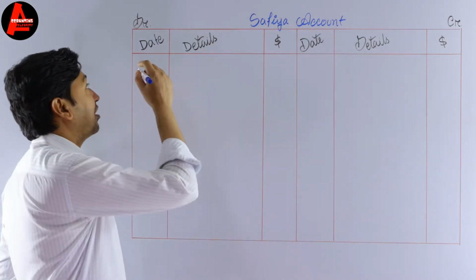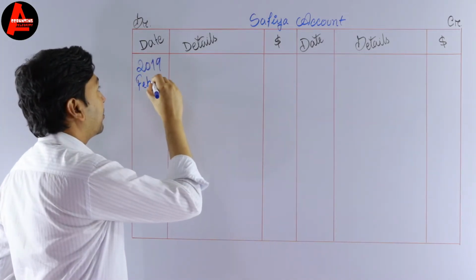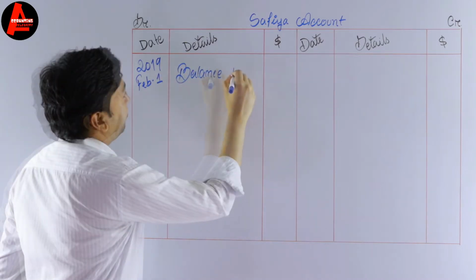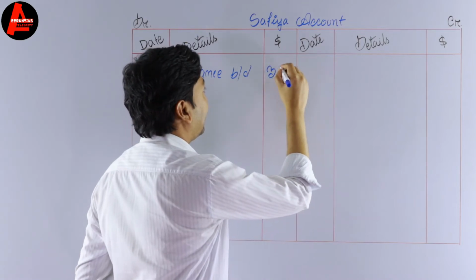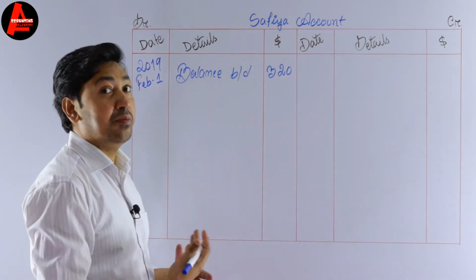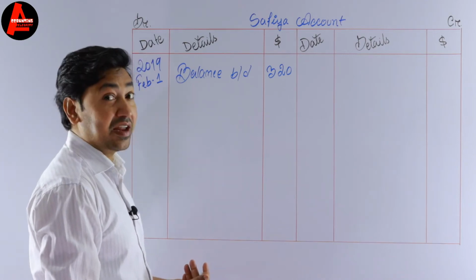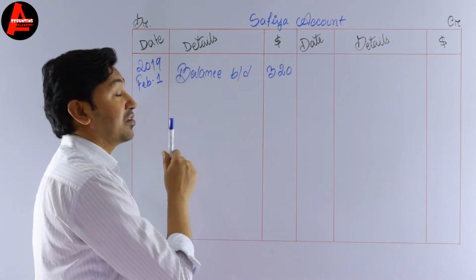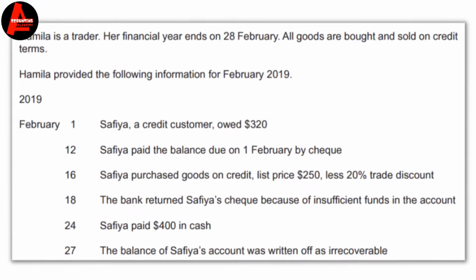Let us write the date first, 2019, February 1st, and here we write balance b/d, $320. Shafia owes, which means Hamila is owed this money. So this is an asset for Hamila, and we wrote it on the debit side because an asset has a debit balance. Very good, the first transaction is done.